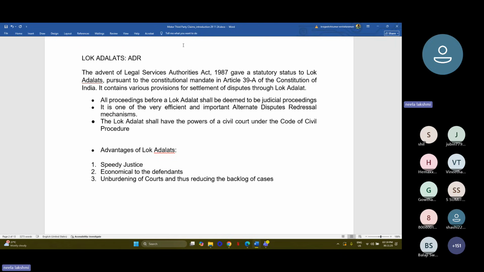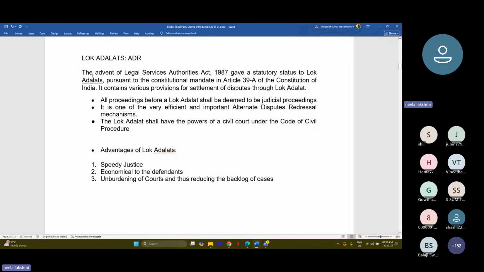But to reduce the time frame, to come to an amicable settlement, there is a way provided, that is alternate dispute redressal by mediation. Lok Adalats is one of the popular ways of out of court settlement.